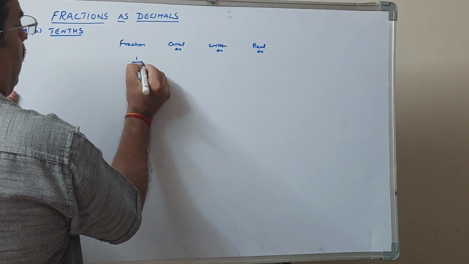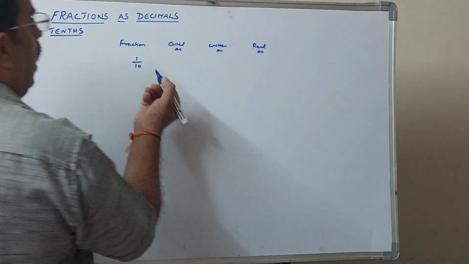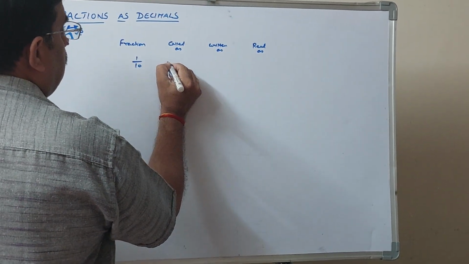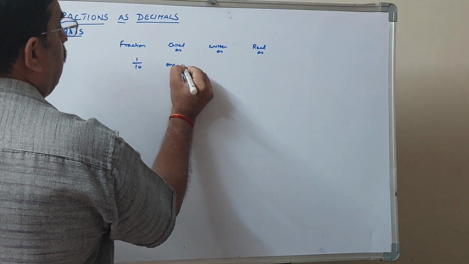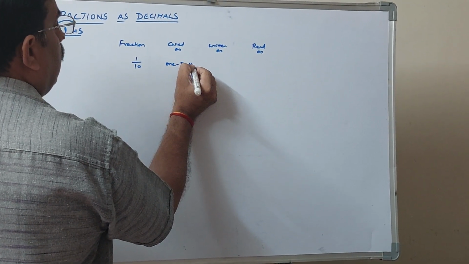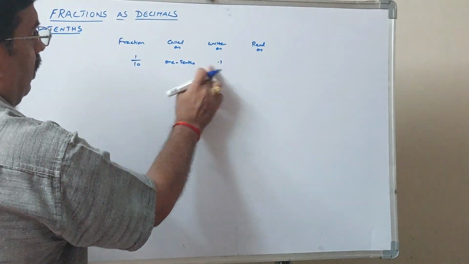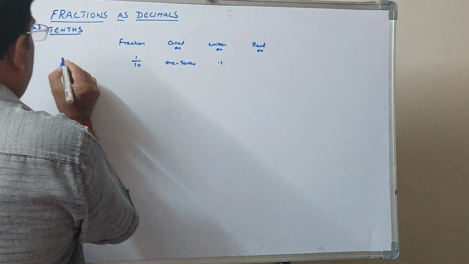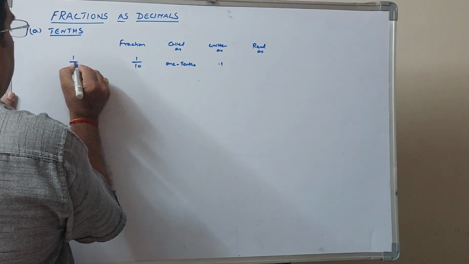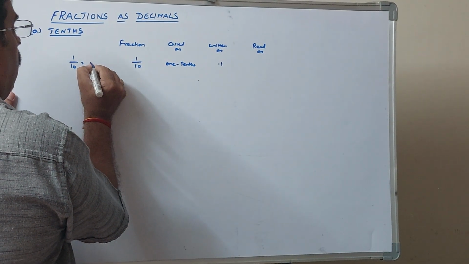Fraction 1 by 10 is called 1 tenth, written as 0.1. See, 1 by 10 is equal to 0.1.